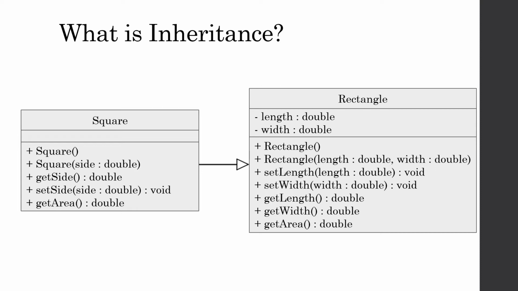In addition to that, we've also got our getters and setters for the length and width, as well as that getArea method. And then for the Square, the fields are blank because it's just going to inherit the length and width from Rectangle. We then have our two constructors for Square, so we'll make those in a moment. We've got a getter and a setter for the side of our square, and then we also have a getArea method for the Square.